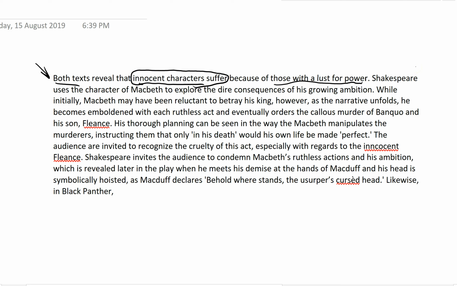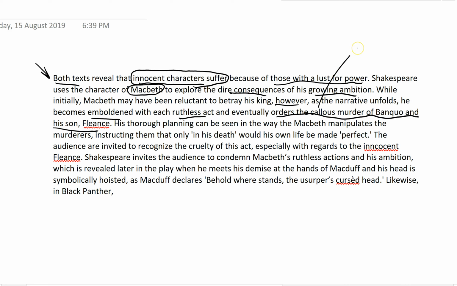So Shakespeare uses the character of Macbeth to explore the dire consequences of his growing ambition. So again, a character is Macbeth. While initially Macbeth may have been reluctant to betray his king, however, as the narrative unfolds, he becomes emboldened with each ruthless act and eventually orders the callous murder of Banquo and his son Fleance.